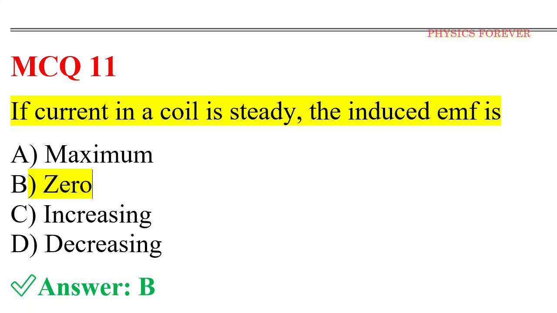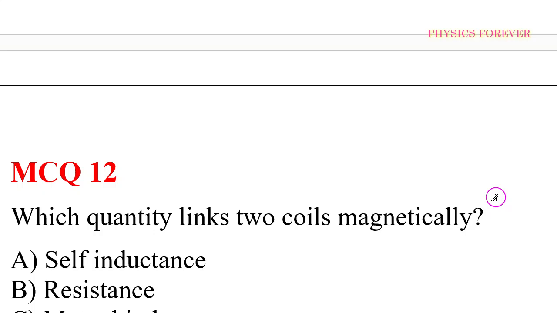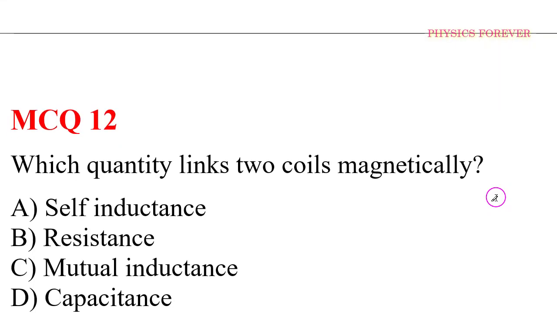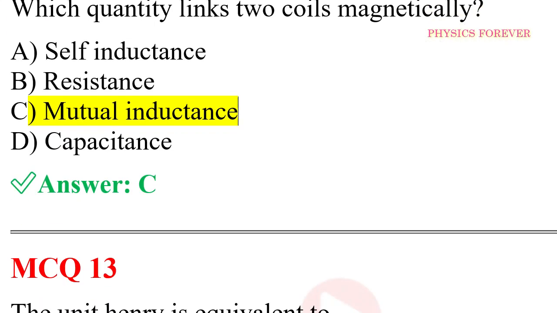If you have watched our earlier videos, you have to give the answer to all these MCQs within seconds. Next, which quantity links two coils magnetically? Whenever two coils are involved, it is mutual inductance. Remember, self inductance is for a single coil, and mutual inductance is for two coils.